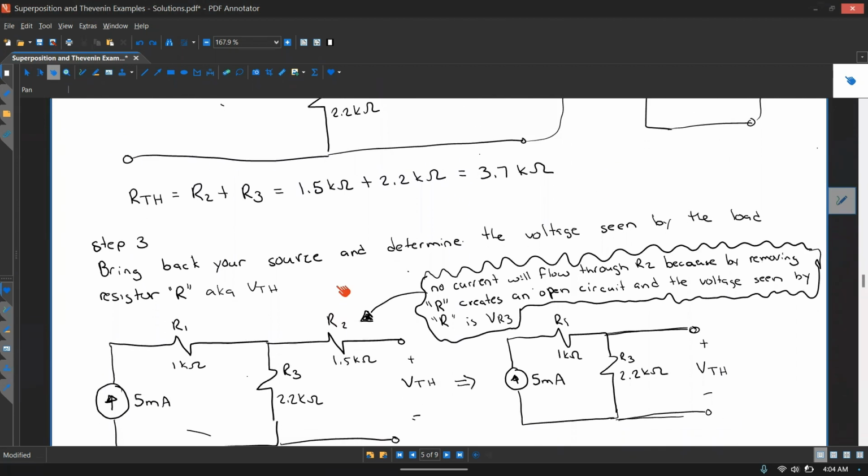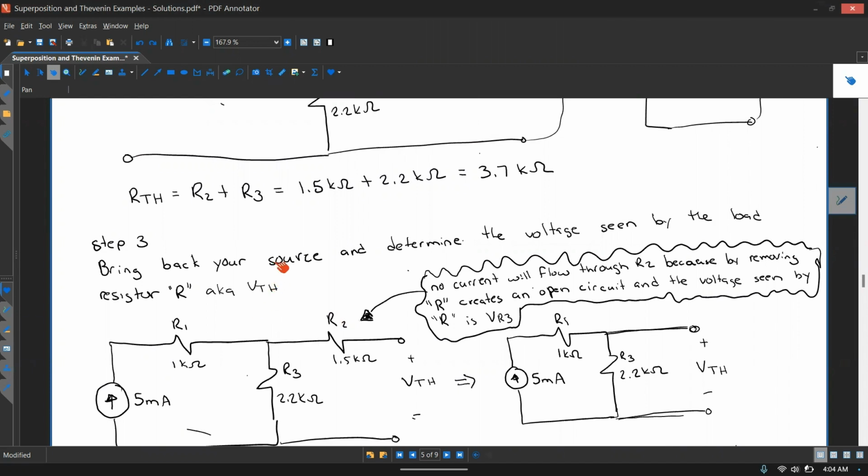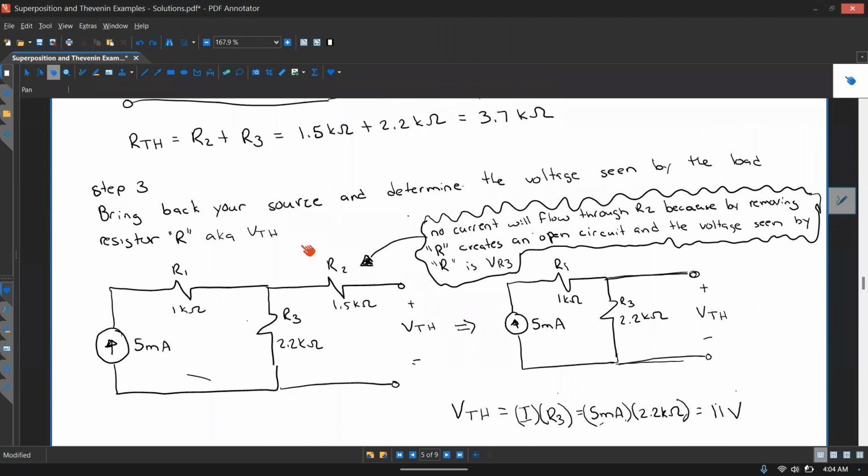All right, so now step 3: you want to bring back your source and determine the voltage seen by the load resistor, which is also known as the Thevenin voltage. Right here, we brought back our current source. We're trying to figure out what voltage, if we put a voltmeter right here, is going to be seen by the load resistor.